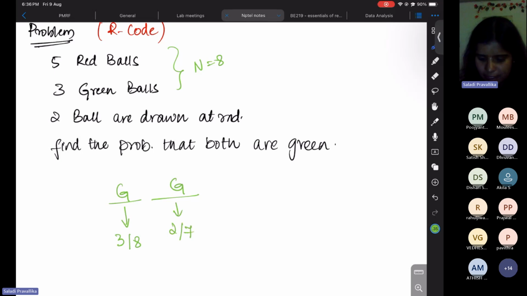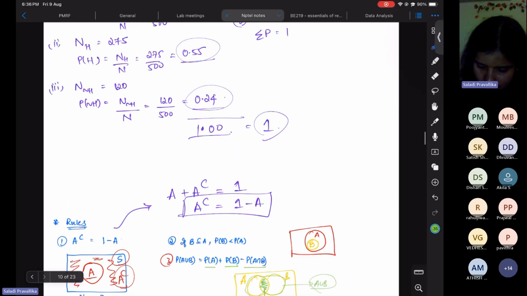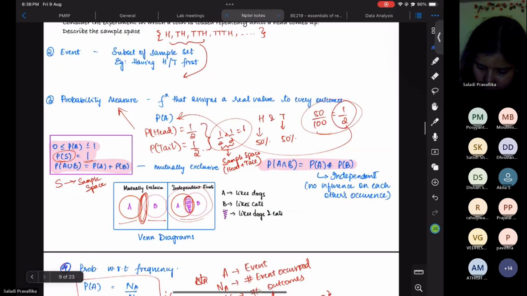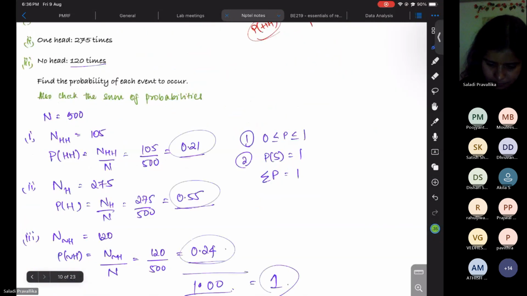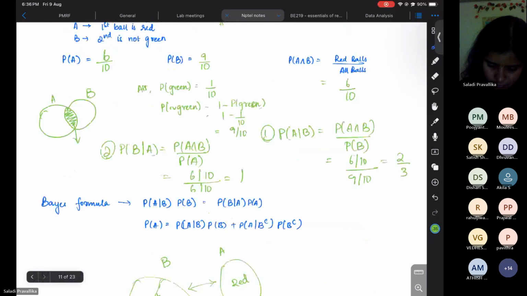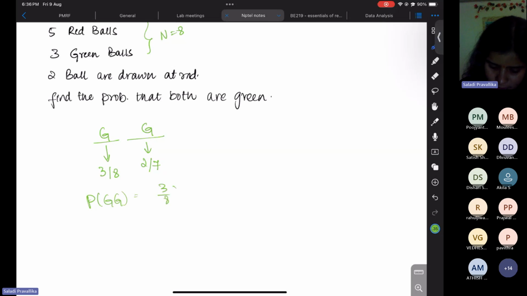If you remember in the beginning, we were multiplying P of A and P of B. Here, P of A intersection B is equal to P of A into P of B. So the same thing we will follow here. The P of green is equal to 3 by 8 into 2 by 7.